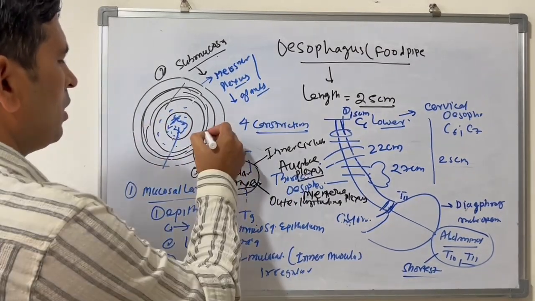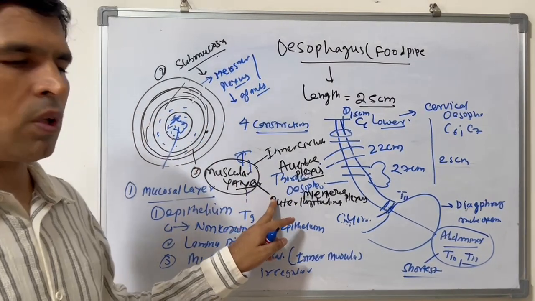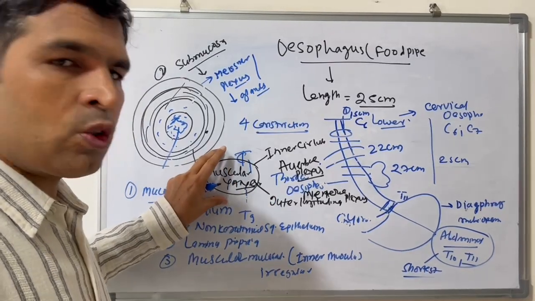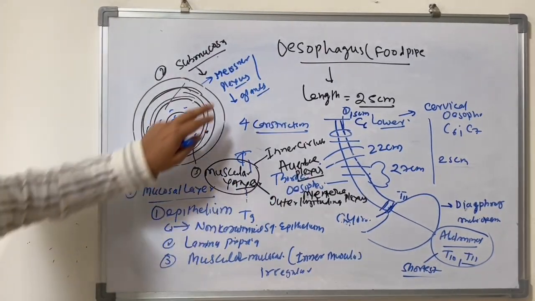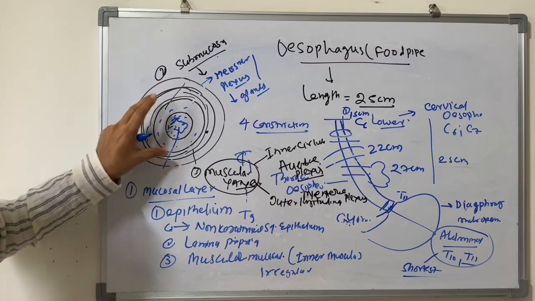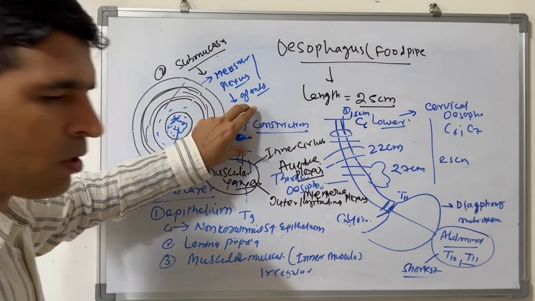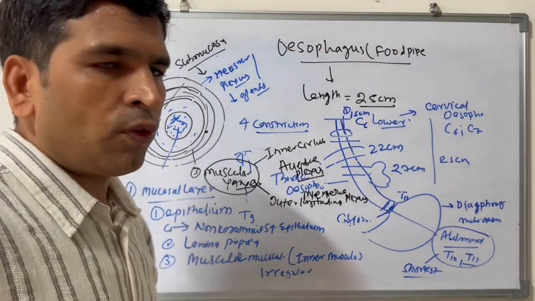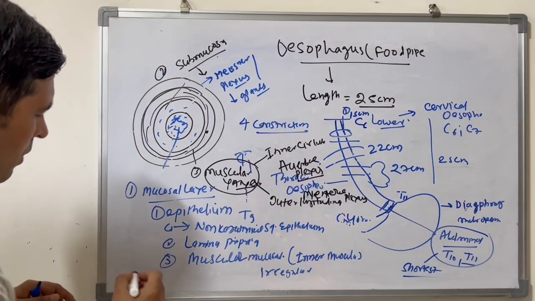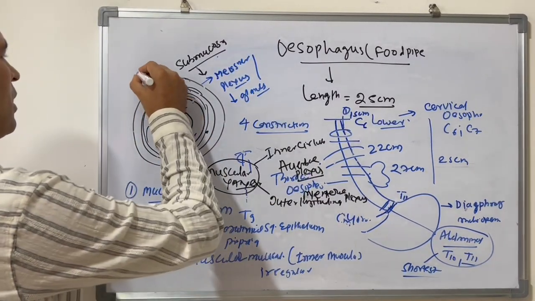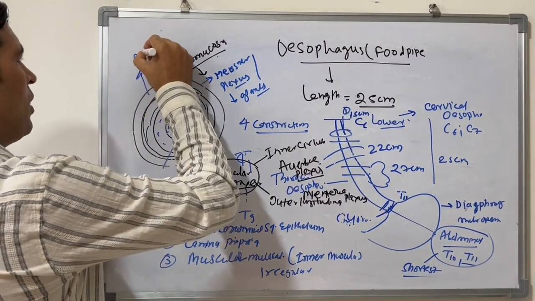The Auerbach plexus controls the muscular movements, and the Meissner plexus controls the peristalsis as well as secretion of the esophagus. And the last layer is the adventitia.